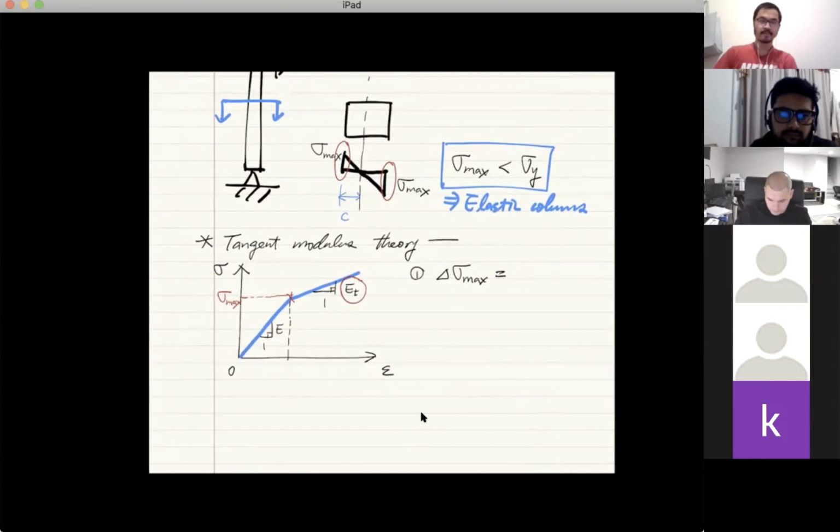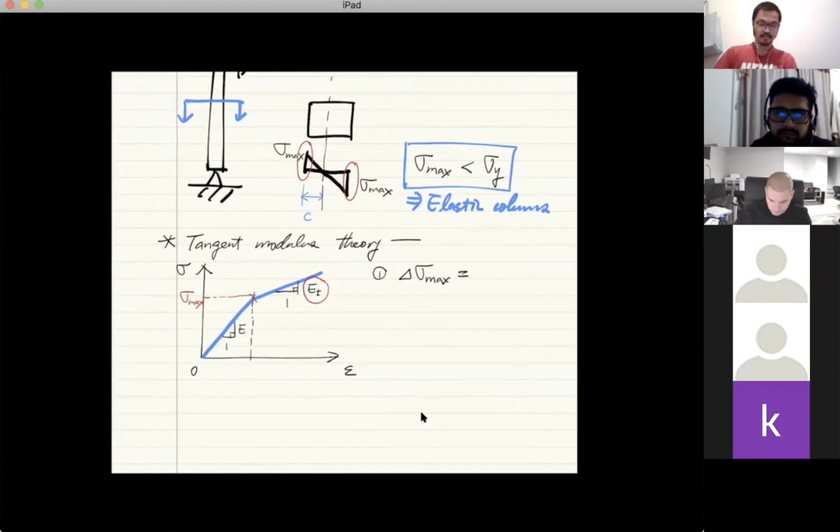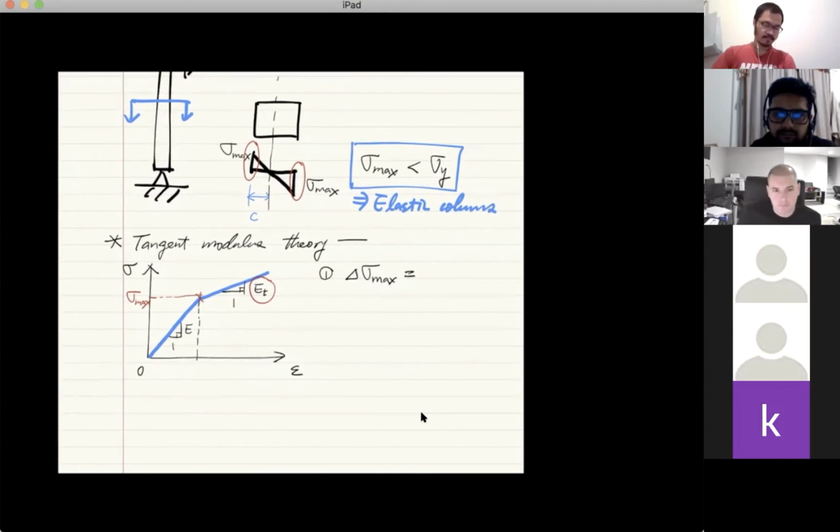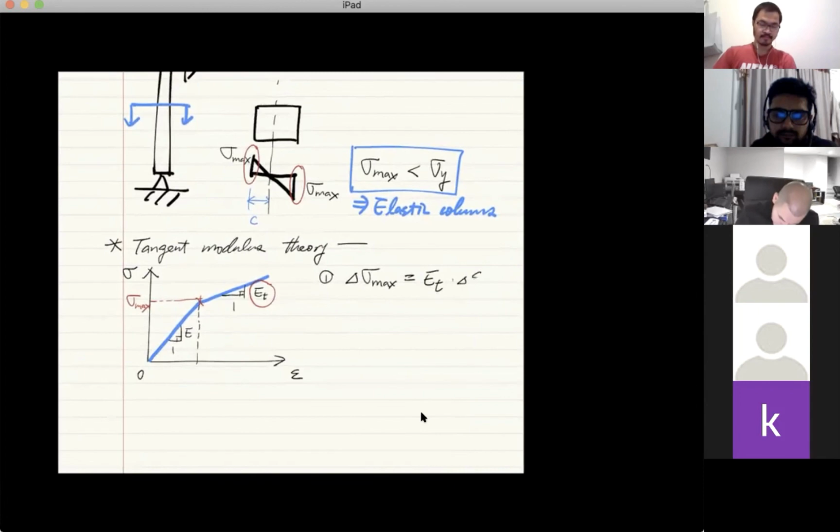After entering the inelastic range, the incremental maximum stress can be represented not by the original Young's modulus, but by the reduced tangent modulus, which can be written as delta sigma max equals E_T times delta epsilon max, which is nothing but to say that after yielding, the slope will be reduced from E to E_T.